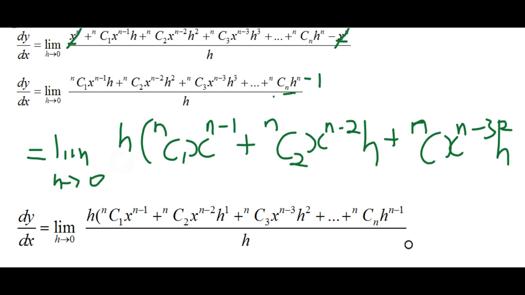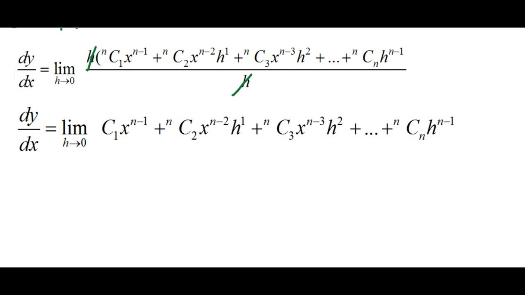Now since we factor h out, this h can cancel this, leaving us with everything in the middle. Can we see it? So we'll have this as the outcome. Now h has cancelled with this one. This is what we have.